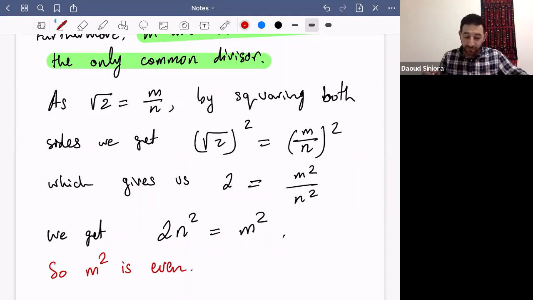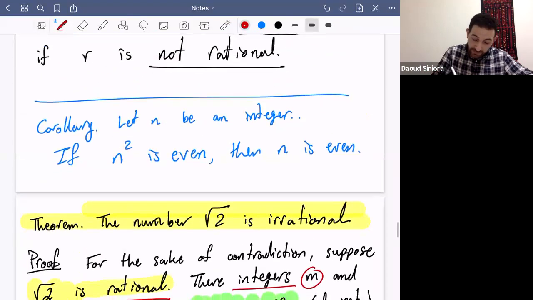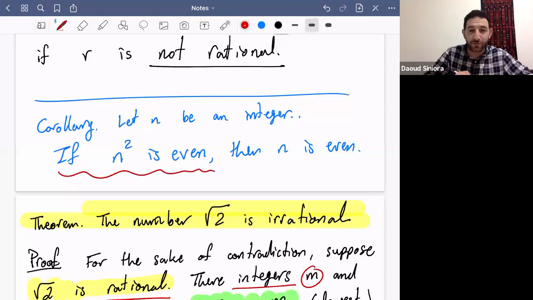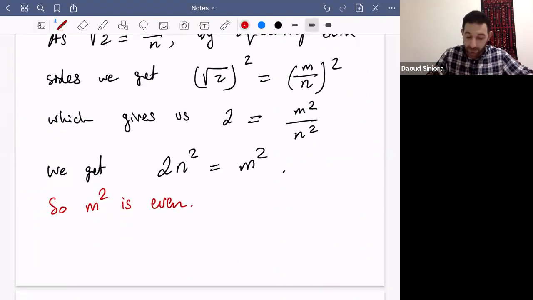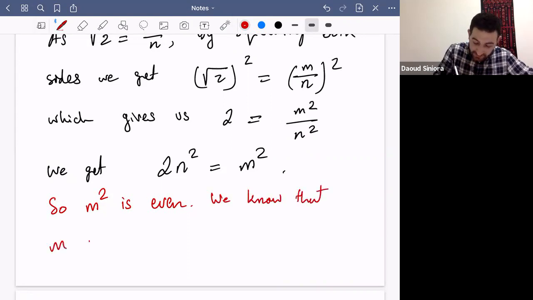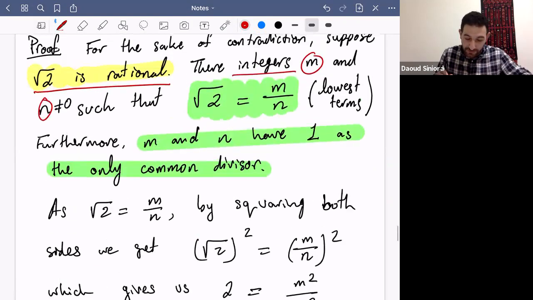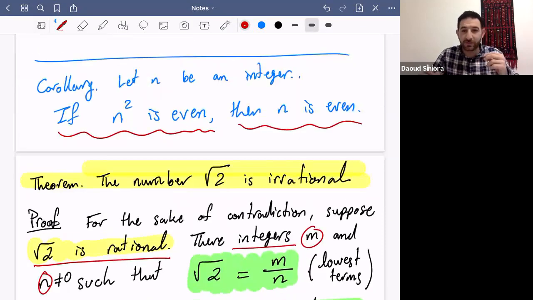But we can now use a previous theorem. We know that if the square of an integer is even, then the integer itself is even. Okay, so since m squared is even, by a previous theorem, we know that m is even. Here we are using modus ponens. This is the hypothesis of this conditional statement. So remember, modus ponens says if a conditional statement is true and its hypothesis is true, you can conclude its conclusion.